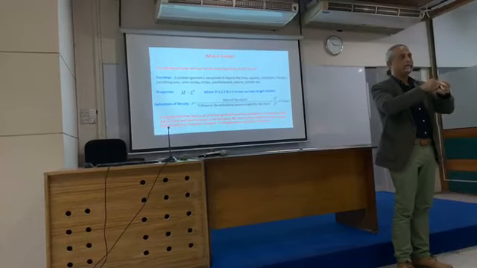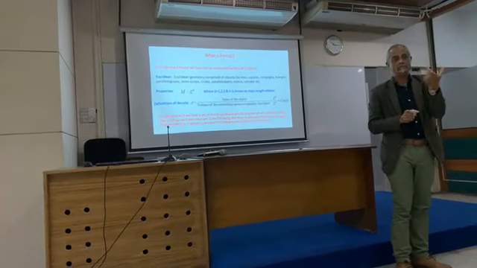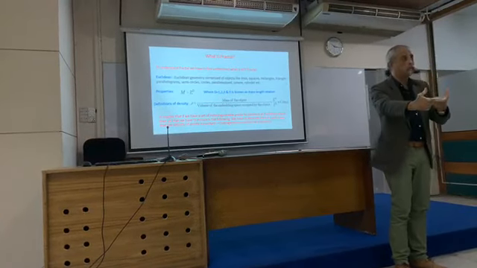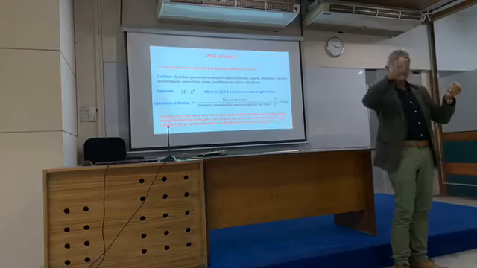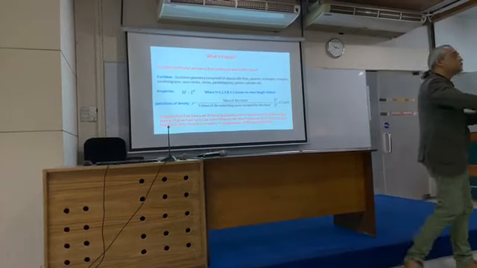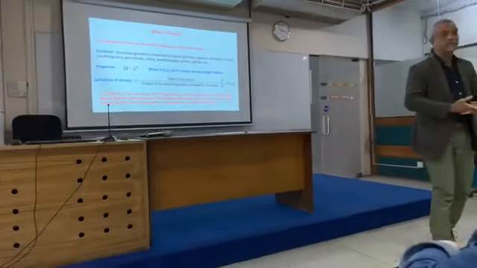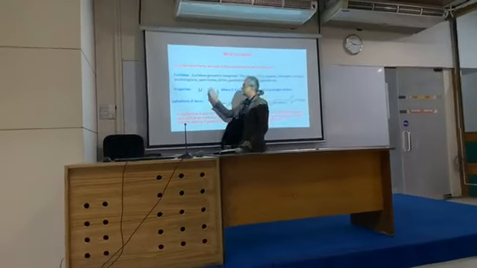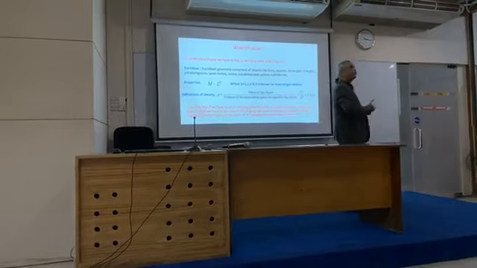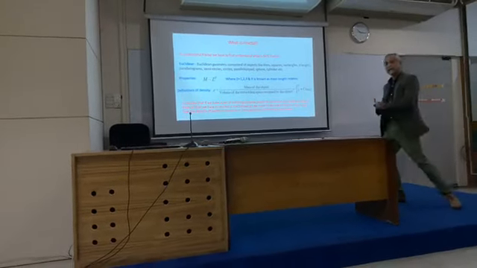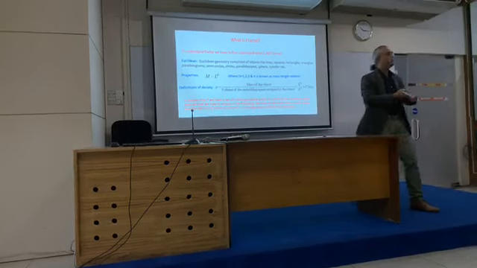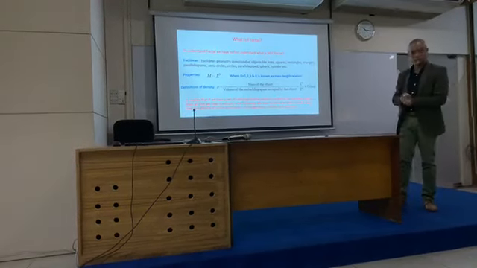If it is a square, if the linear size is increased by a factor of 2, mass will increase by a factor of 4. If you increase by a factor of 3, mass will increase by a factor of 9. So you can put them in one equation like this, which is called mass-length relation. So if it is a line, we put d equal to 1. If it is a square, we put d equal to 2, and so on and so forth.